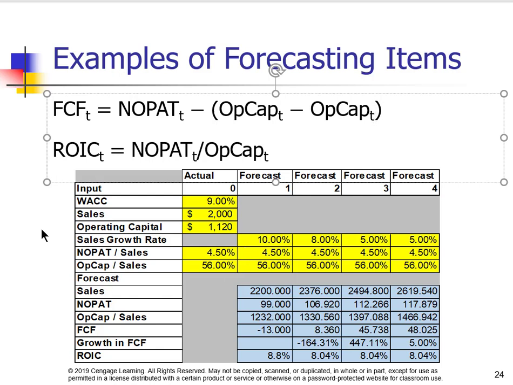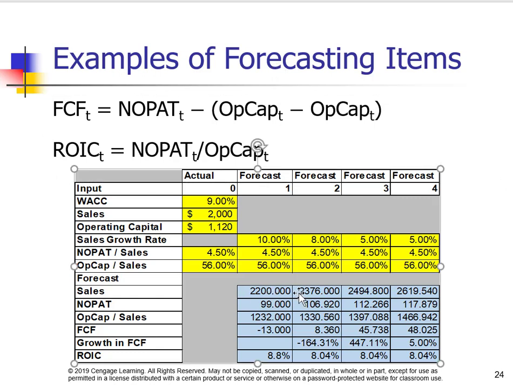But here's the worksheet that's created. Again, for us, this is in our workbook. It's a free cash flow worksheet. Here's the data again from our table above. Now we just need to forecast our sales. So again, this sales item grows. So next year is expected to be 2,200, and then 8% of that, 5% of that, etc. Likewise for NOPAT, every year the change is based on the percentage that's been forecasted before.